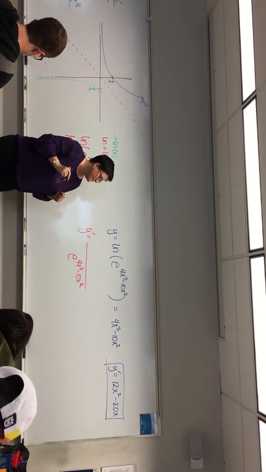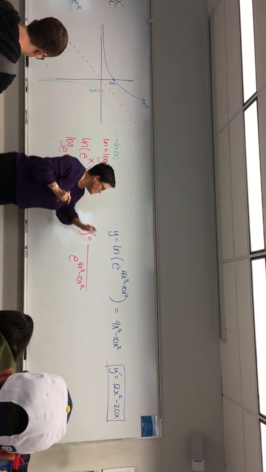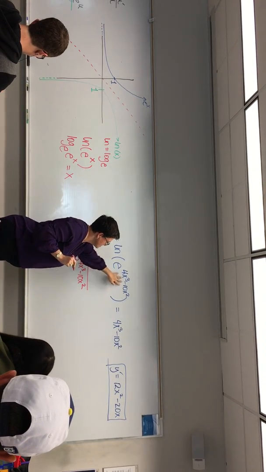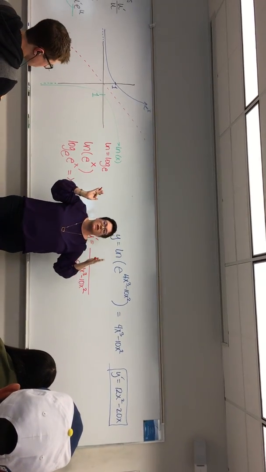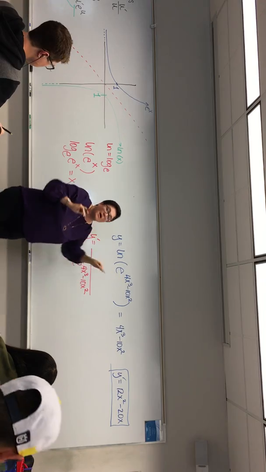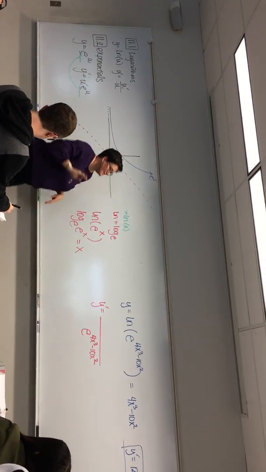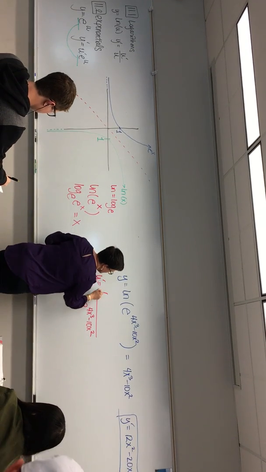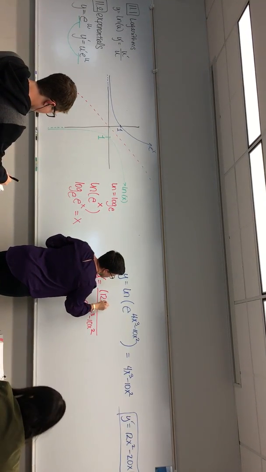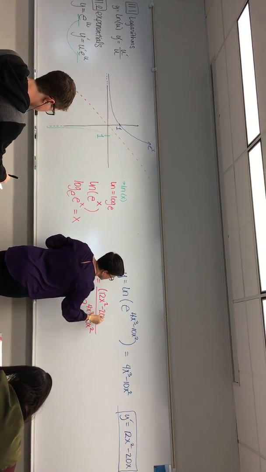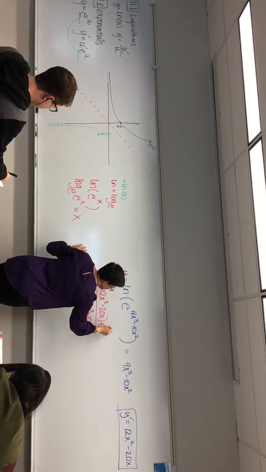Everyone cool with that? Okay, now what's the derivative of e to the anything? So now we use this process. So that's gonna be 12x squared minus 20x times the original function.